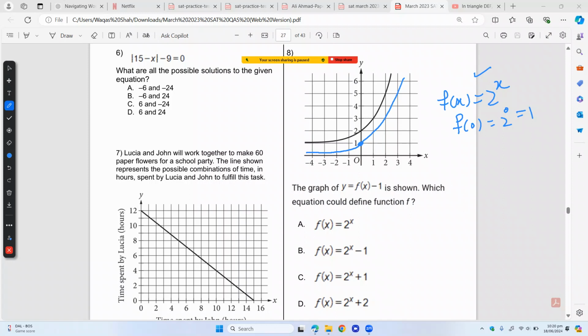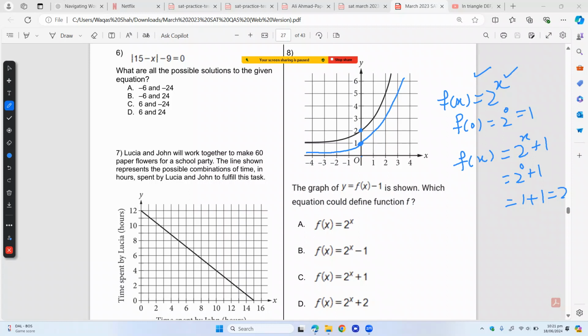So for this point, the function should be f(x) = 2^x + 1. When x is equal to 0, the function will be 2^0 + 1, which is 1 + 1, so it will be 2. And it will come close to 1 instead of 0.